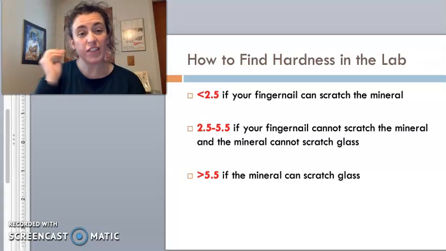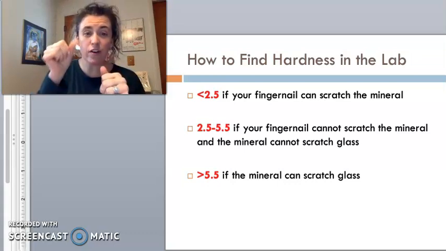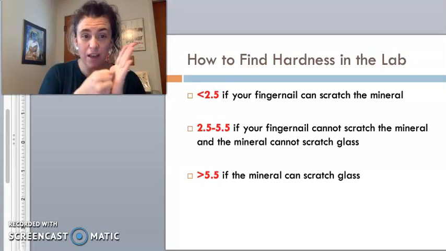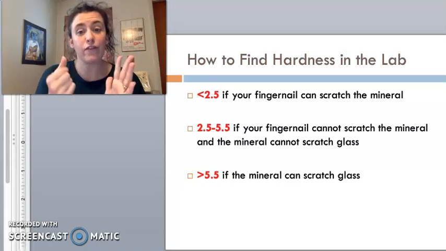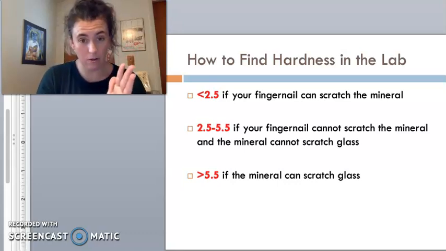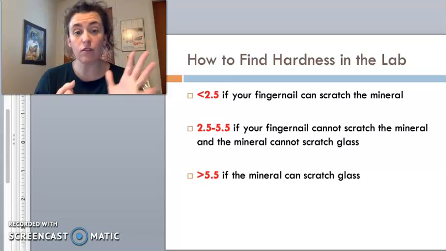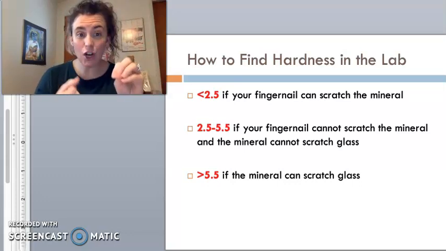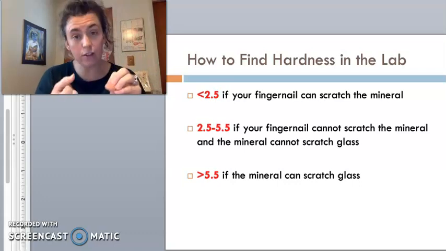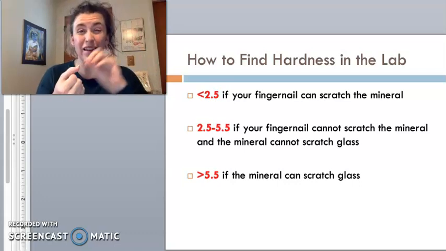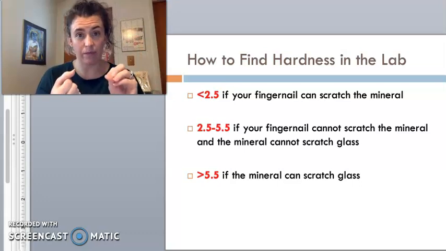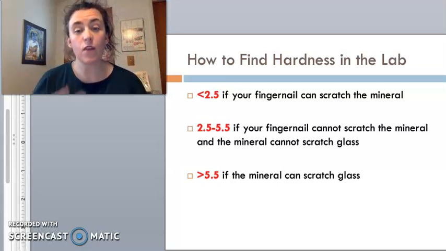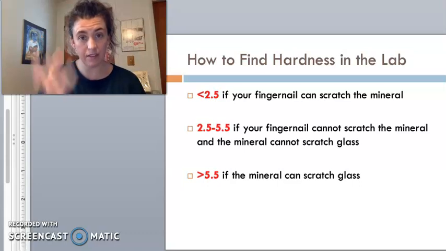So basically you take your mineral, and if your fingernail is able to scratch that mineral, that means that your fingernail is harder than the mineral. So then you would say that mineral is going to be less than 2.5 because it's less hard than your fingernail. Your fingernail is 2.5, so it's going to be less than 2.5. Now if you do the same thing with glass, we know that glass is 5.5.